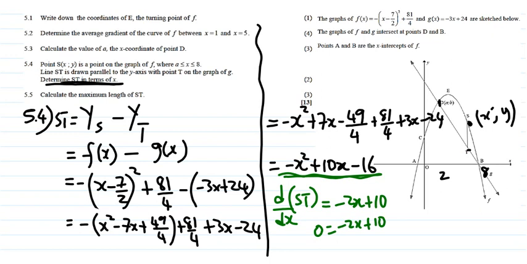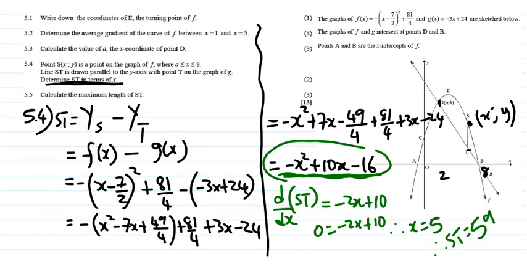Therefore, x is equal to 5. Which means we need to substitute 5 to get the actual maximum. So substitute 5 in this whole thing. Ms. Johnson, are you done with that? What is st? You substituted 5. You got what? 59. So st is 59. That is the maximum length.